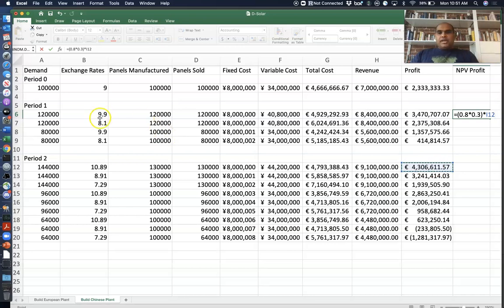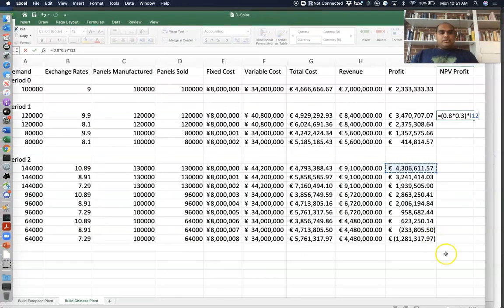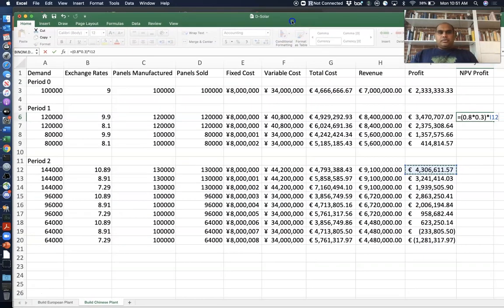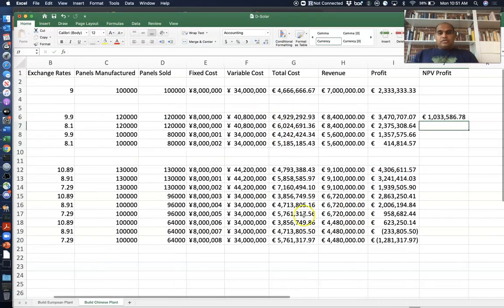So demand goes up, exchange rate goes up, that's a 24% chance times the profit in that scenario. So that's what we will have. But remember that when writing the net present value, make smaller, so that's obviously not the formula there.